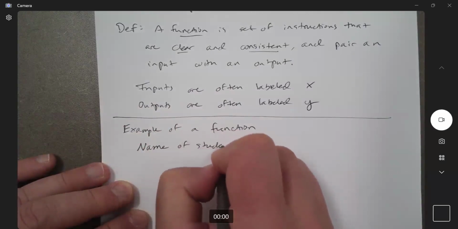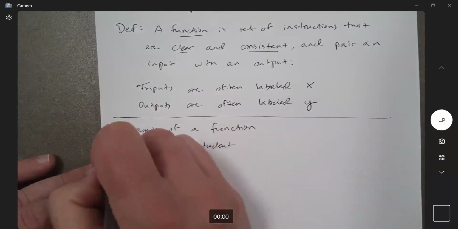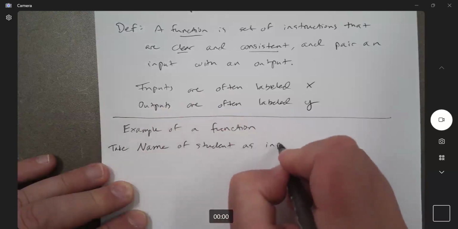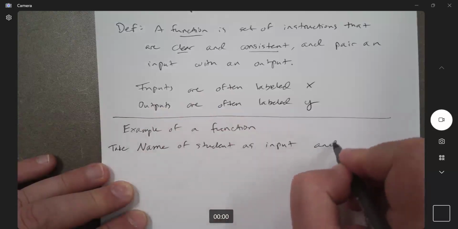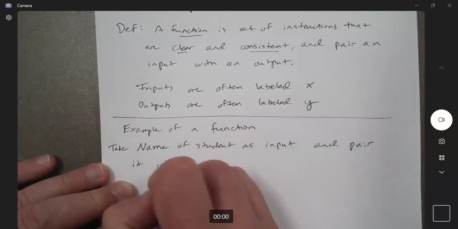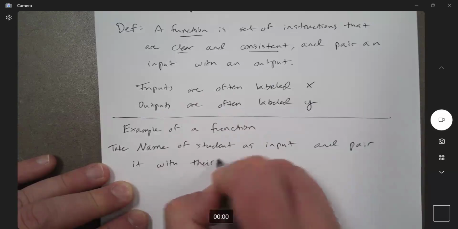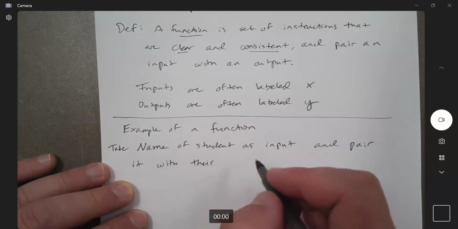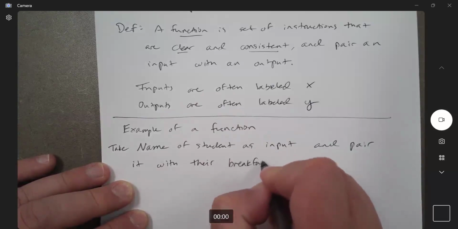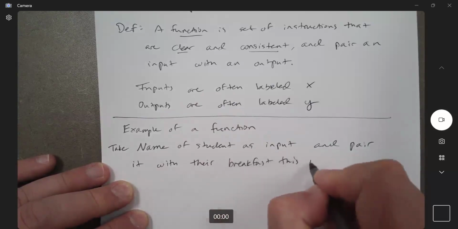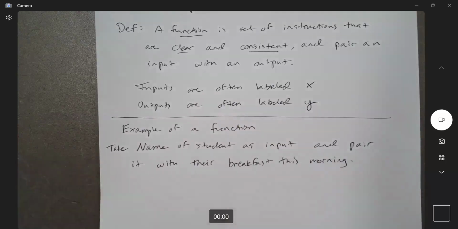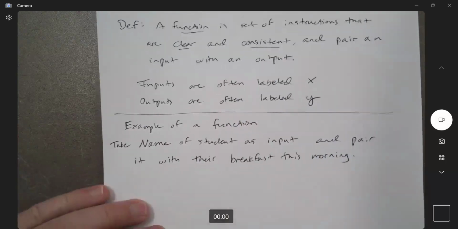We're going to take the name of the student as an input and pair it with their breakfast this morning. I won't ask you all because maybe you didn't all have breakfast, but that's fine.